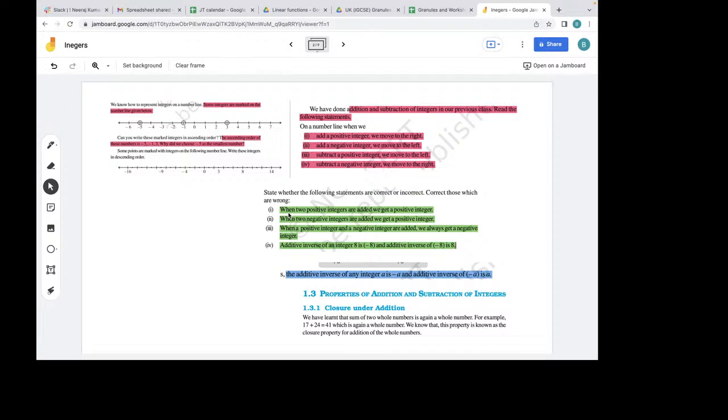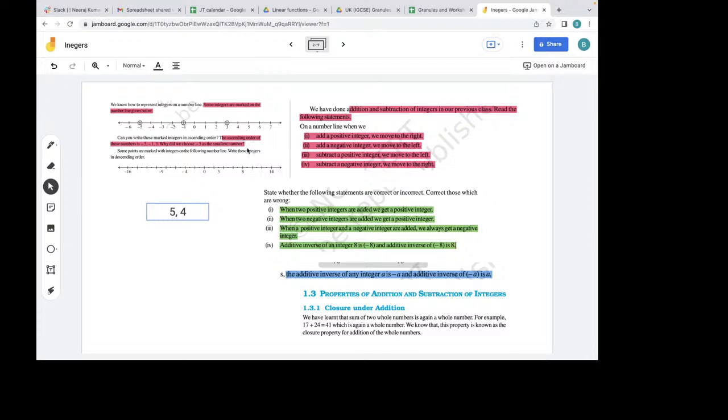So first, let's take the first statement. It says, when two positive integers are added, we get a positive integer. When we add two positive integers, first we have to take some two positive integers. Let's say these are 5 and 4. They say when you add these two, you will get a positive integer.